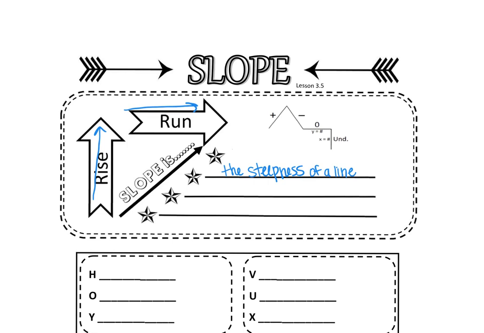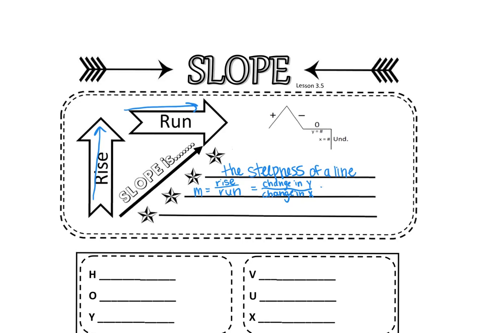There's several different formulas that we have for this. Usually M is our letter for slope. So slope equals, it could be rise over run like we were just looking at. Or it can be our change in the y values over the change in your x values.